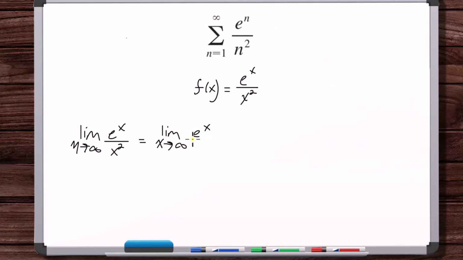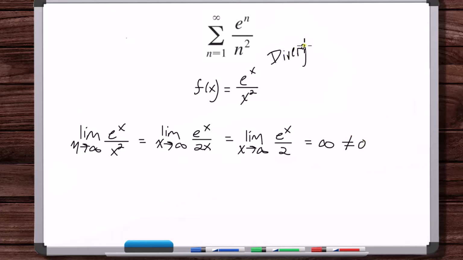You get e to the x over 2x. Plug in infinity, you have infinity over infinity again, so L'Hopital's rule again. This goes to infinity, which is not equal to 0, so this is divergent, based on the test for divergence.